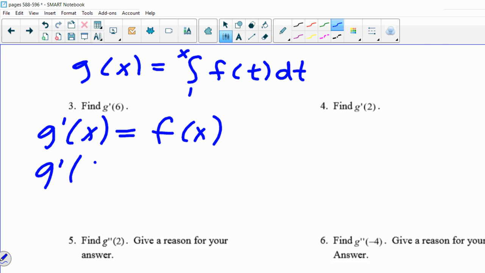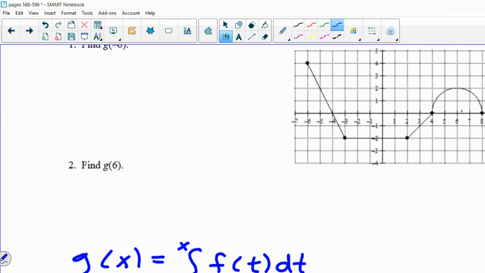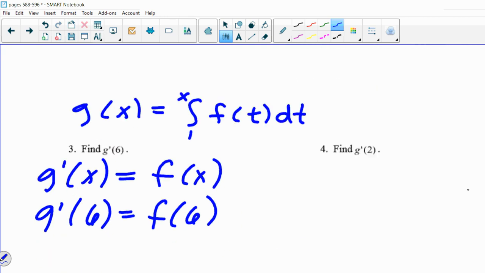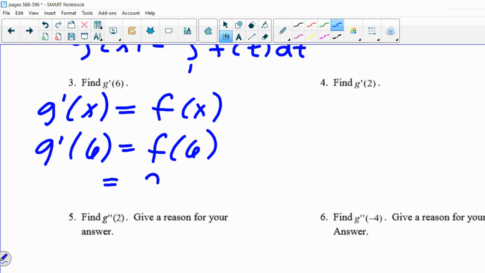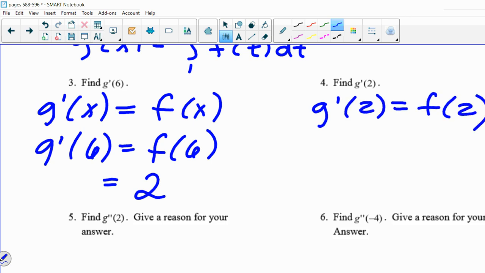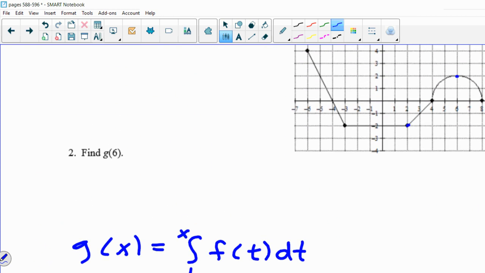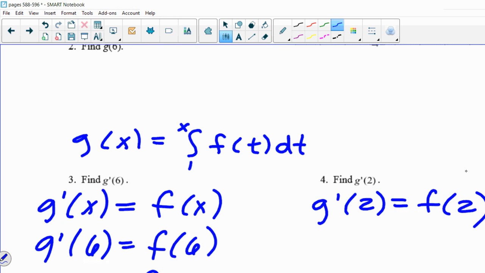So G prime of 6 is just f of 6. Well, what's f of 6? F of 6 is 2. G prime of 2. Well, G prime of 2 is going to equal f of 2, and f of 2 is -2.